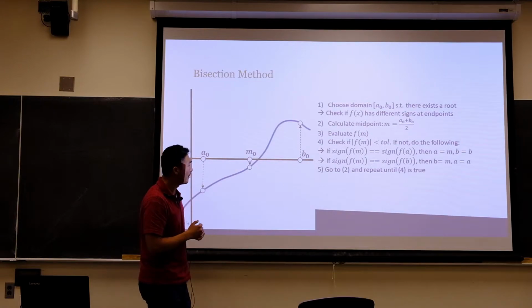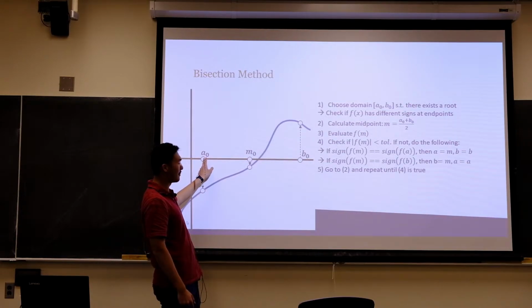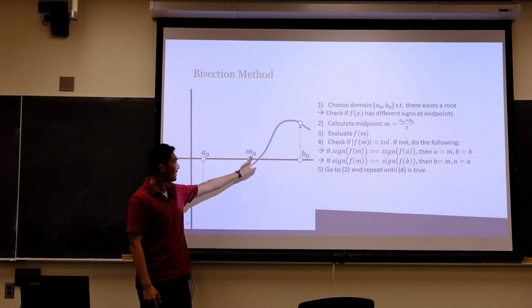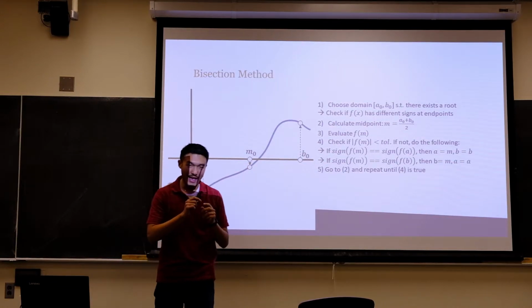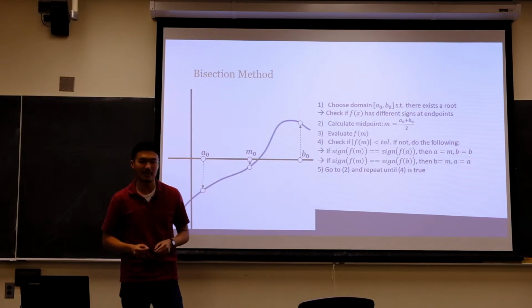Then we will have to check the midpoint. We first calculate what the midpoint is. That's as simple as a naught plus b naught divided by 2. That's m naught. We evaluate the function at m naught and see, is f evaluated at the midpoint less than a tolerance?